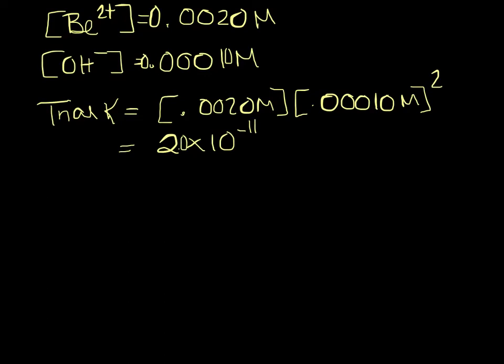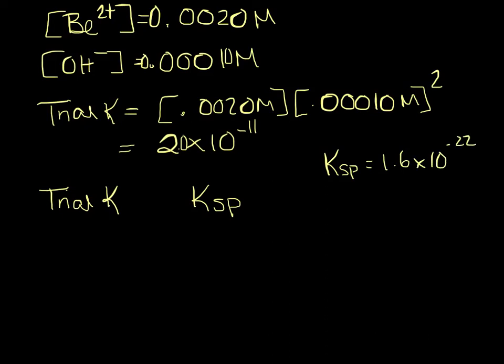So now what we're going to do is compare our trial K to the Ksp that we were provided in the question. We weren't actually given one in the question, so I just went and looked it up, and our Ksp in the text is 1.6 times 10 to the negative 22.